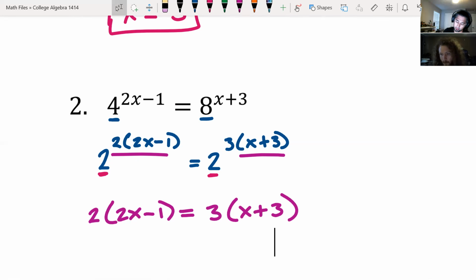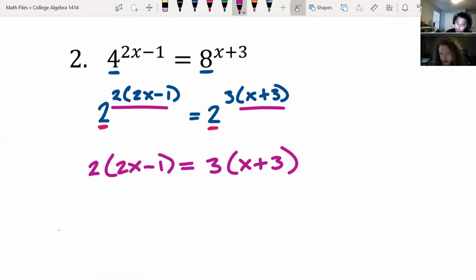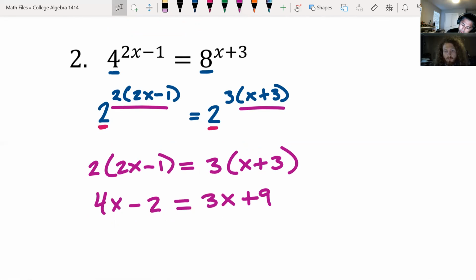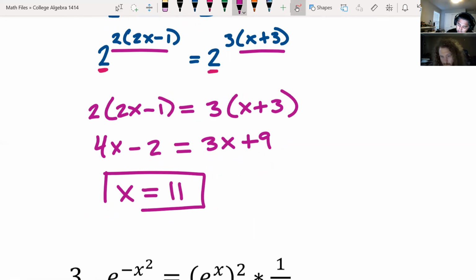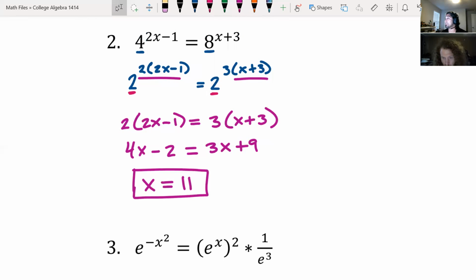Now all we have to do is solve for x. So 4x minus 2 equal to 3x plus 9. Move 3x over, we'll get x. Add 2 over, we will get 11. All right. Everybody good?